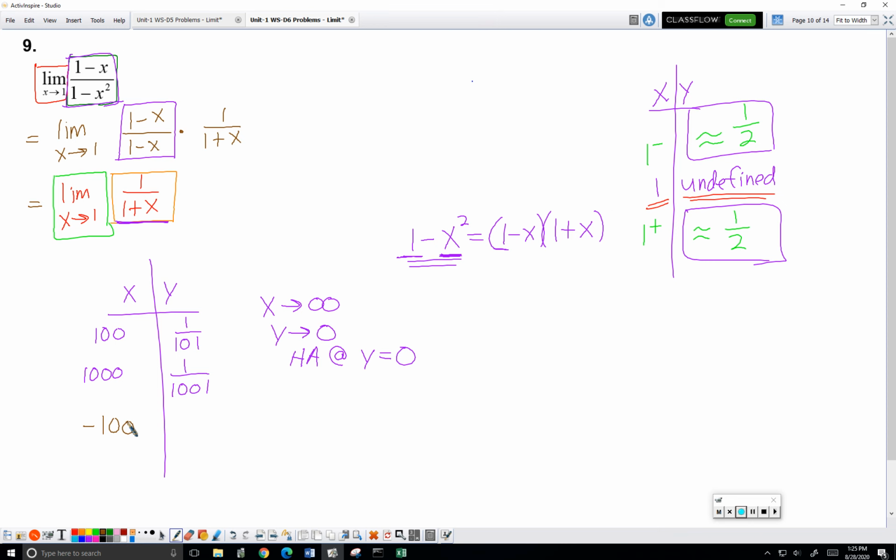Negative 100 over 101, because we have the 1. If x is negative 1,000, Claire? Negative 1 over 1,001. So these values are getting closer and closer to 0 as well. Yep, same horizontal asymptote.